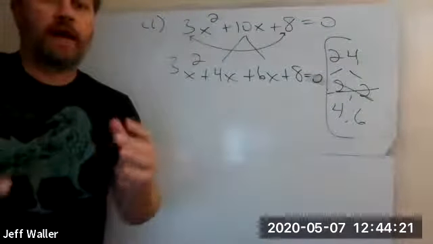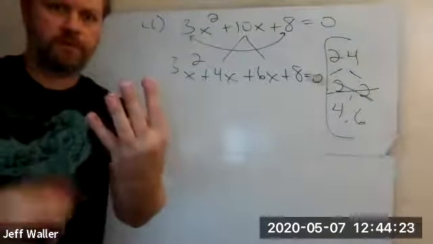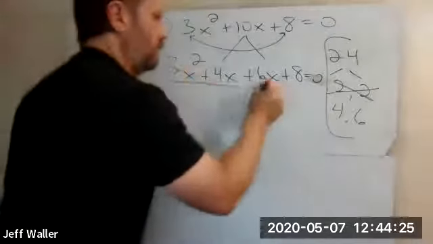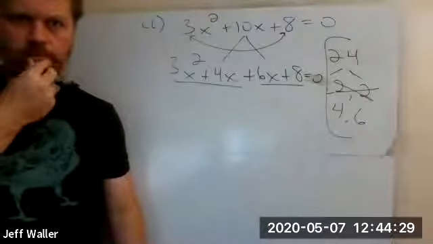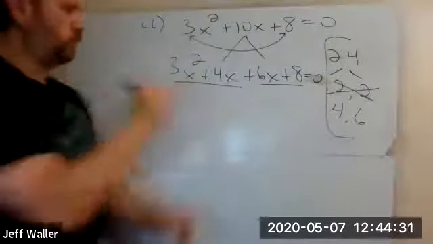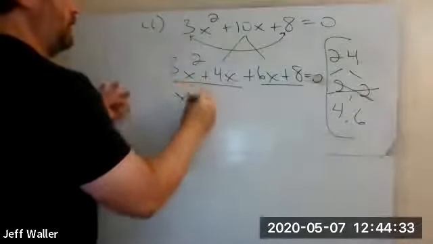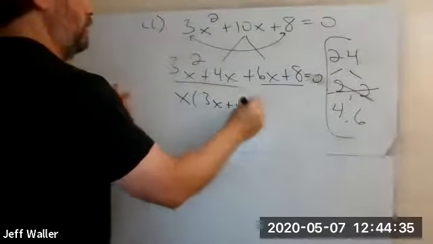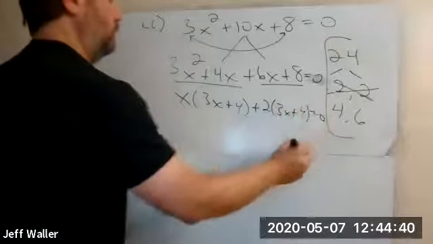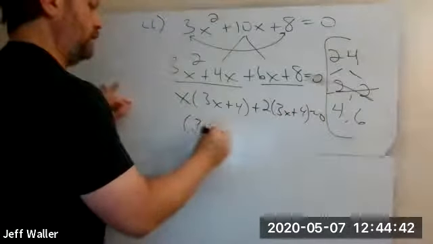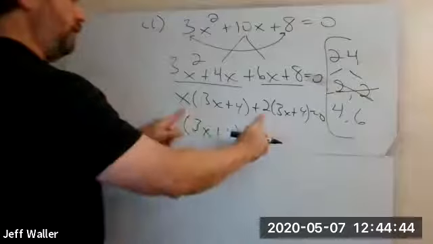And now that I've got it as 4 terms, like Yansha said, I can group. So then I get x times 3x plus 4 plus 2 times 3x plus 4. So then I can take a 3x plus 4 out. I'm left with x plus 2.